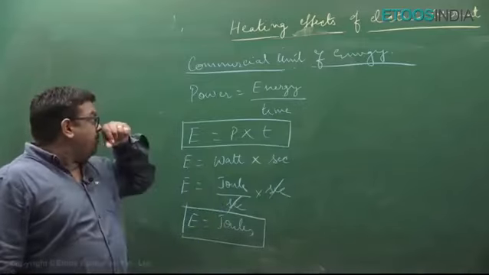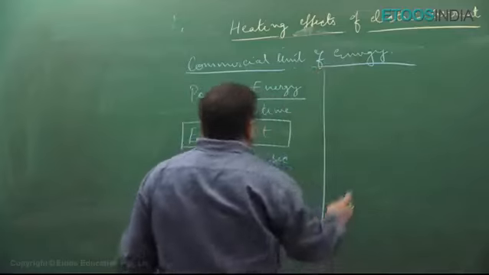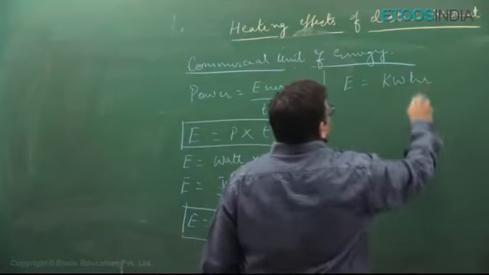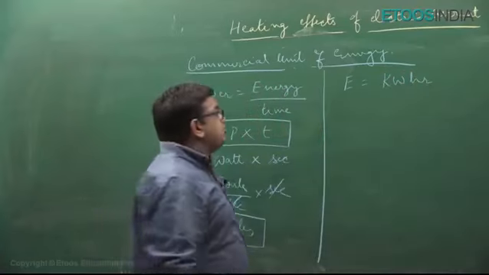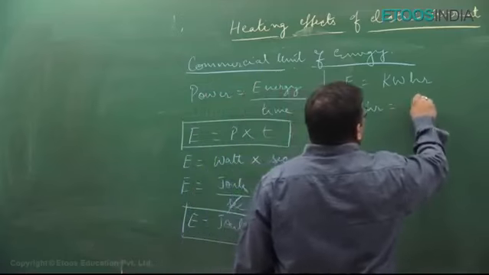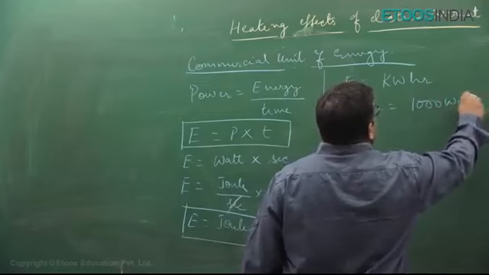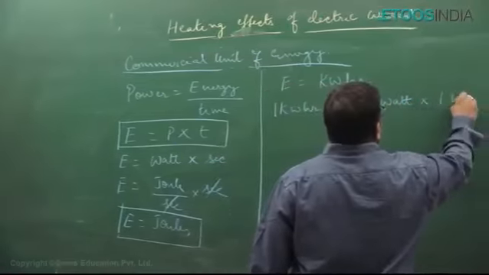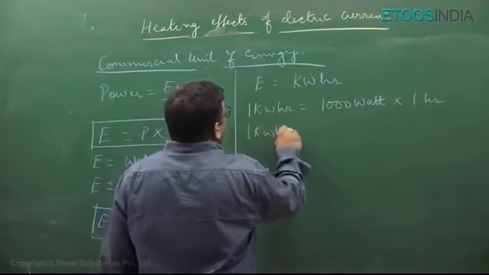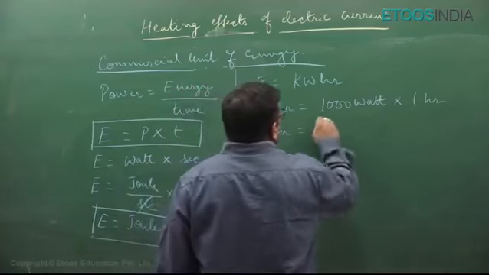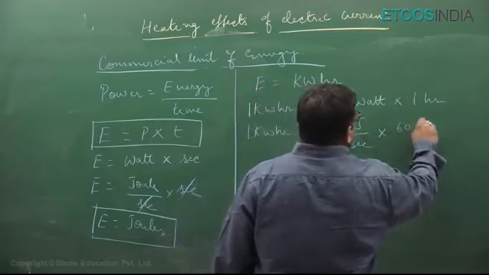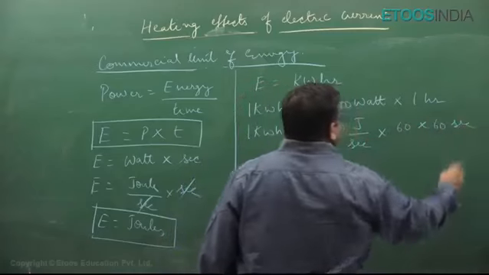Got it? Now for the commercial unit of energy, what we use is kilowatt hour. So how to calculate it? 1 kilowatt hour is equal to 1000 watts multiplied by 1 hour. Got it? Now 1 kilowatt hour will be equal to 1000 joules per second into 60 into 60 seconds. How did it come?